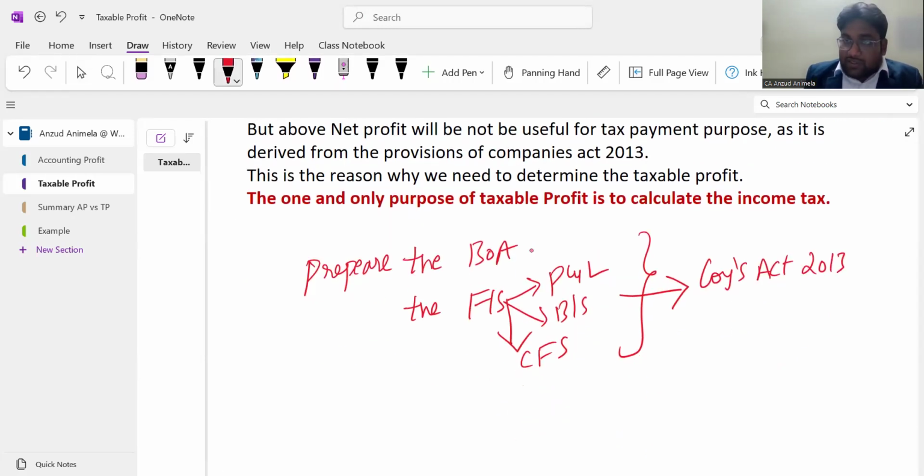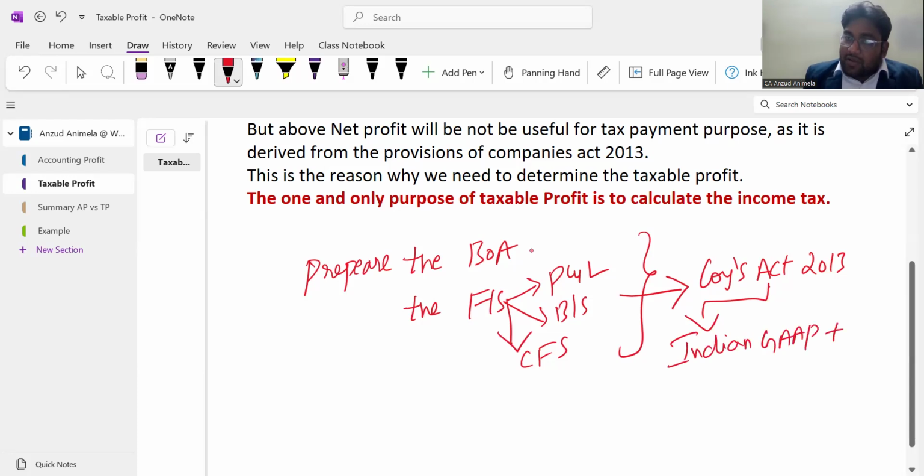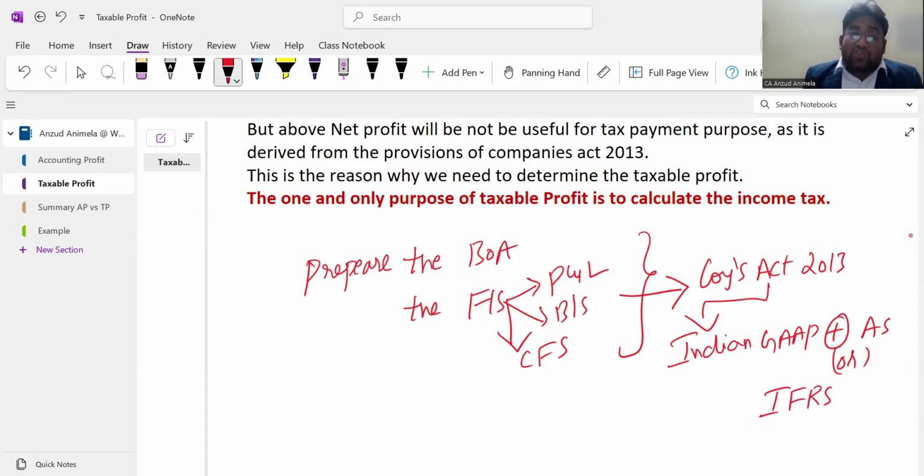It includes Indian generally accepted accounting principles plus accounting standards or IFRS, International Financial Reporting Standards, which are converged into Ind AS. So when you prepare the books of accounts, you have to follow a separate act, the Companies Act.